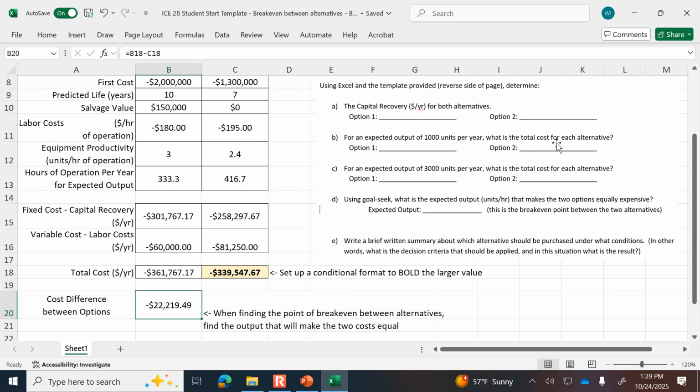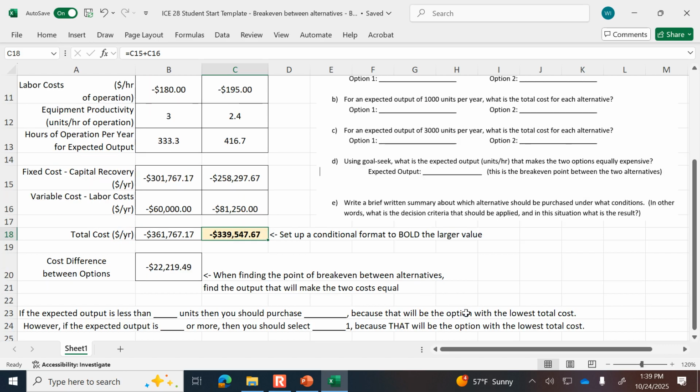What's the total cost for each alternative? So $362,000 in cost for option 1, or $340,000 for option 2. So if we're going to run at 1,000 units per year, which one should we select? Option 2.